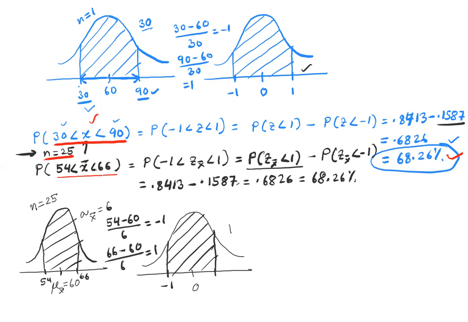For 25 people, going between 54 and 66 is like for one person going between 30 and 90. You can see how spread out it is, and that is because of the standard deviation. Standard deviation is higher for one person, but lower for 25 people. And that is the moral of the story of this problem.